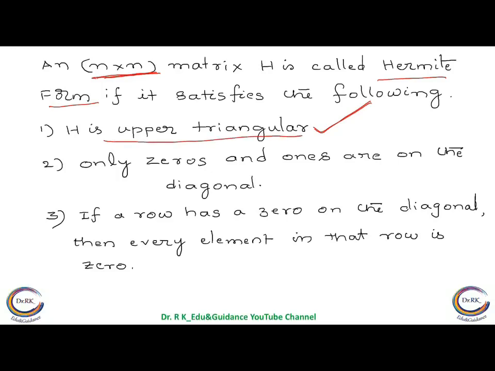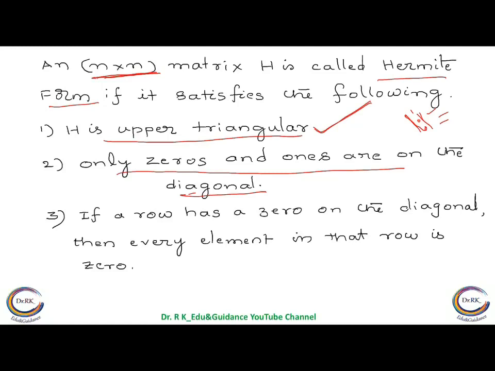Second, only zeros and ones are on the diagonal. We know in an upper triangular matrix all the elements below the diagonal are zeros, and here we'll have elements. In this diagonal, we need to have only ones and zeros. That is the second condition.